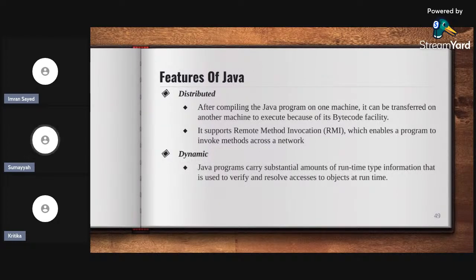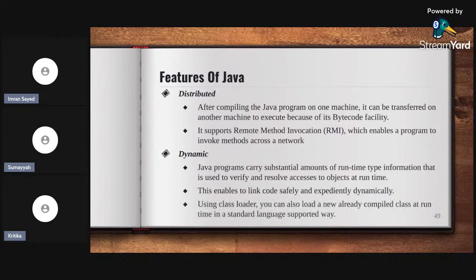Java programs carry substantial amounts of runtime type information that is used to verify and resolve accesses to objects at runtime. This enables linking code safely, expediently, and dynamically. Using a class loader, you can also load a new already compiled class at runtime in a standard language-supported way.